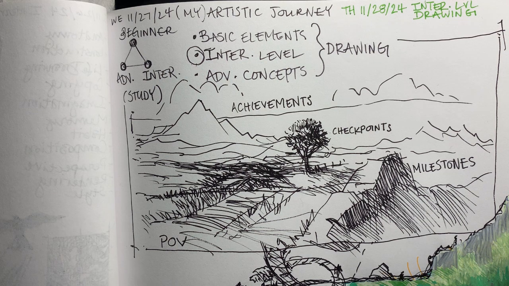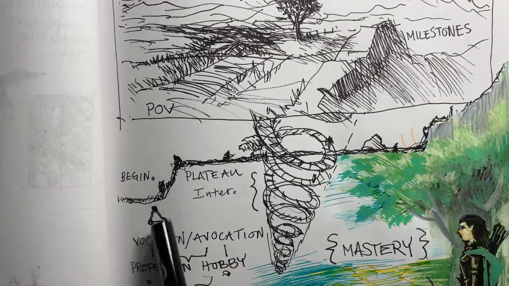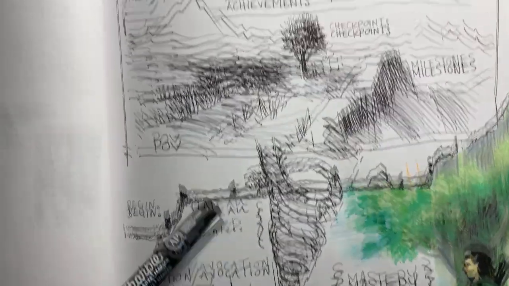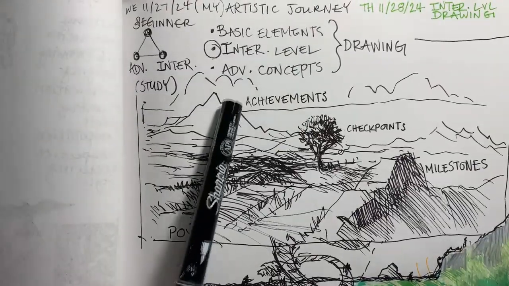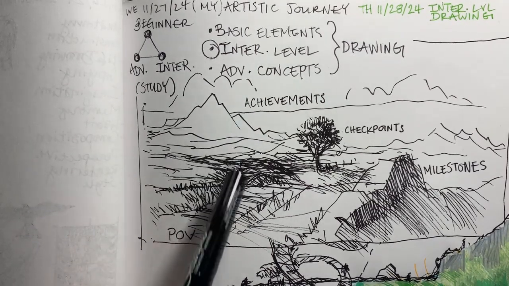And for the past few days, I've been talking about the intermediate level, which in this diagram or illustration is the long stretch, the plateau. It's really about all the skills and the habits. And then the next stage or level is the advanced concepts.